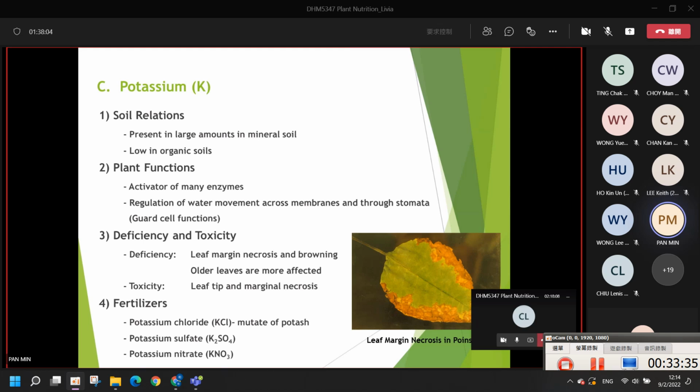And the fertilizers commonly used for potassium are potassium chloride, potassium sulfate, or potassium nitrate, which are the most commonly used fertilizers.